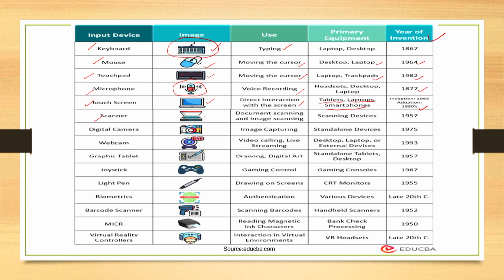Scanner, which looks like this, a digital scanner, is used to scan documents and store them in the form of an image in the computer system. It was invented in 1957. Digital camera, it looks like a camera itself. It is used to capture images and was invented in 1975.